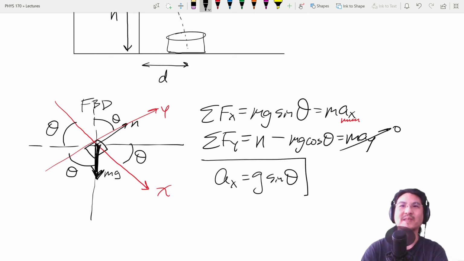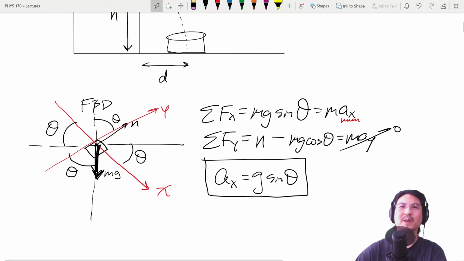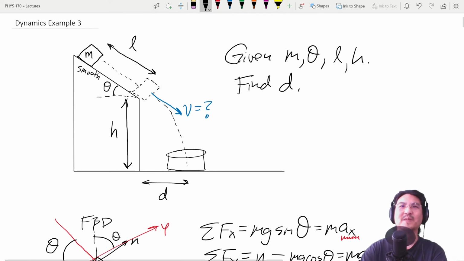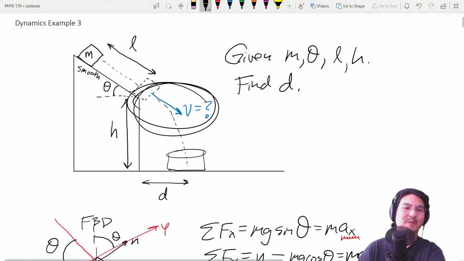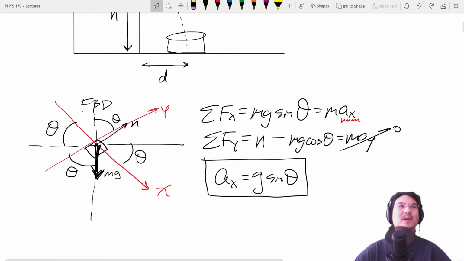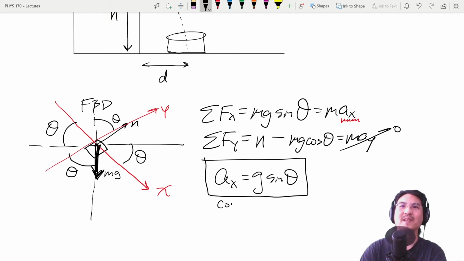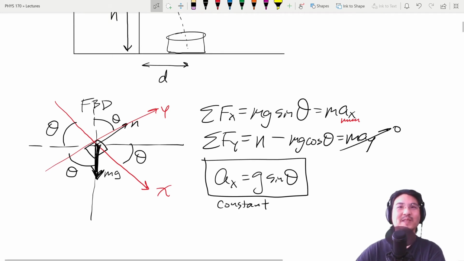Okay, so I got the acceleration of that mass as it slides down the ramp, but I wanted to know how fast it's going when it reaches the bottom of the ramp. So of all the formulas in the world, this is kinematics, and this acceleration is constant, so you can use kinematics for constant acceleration.